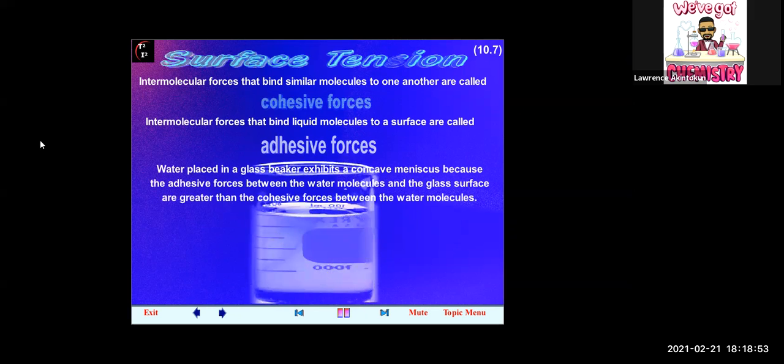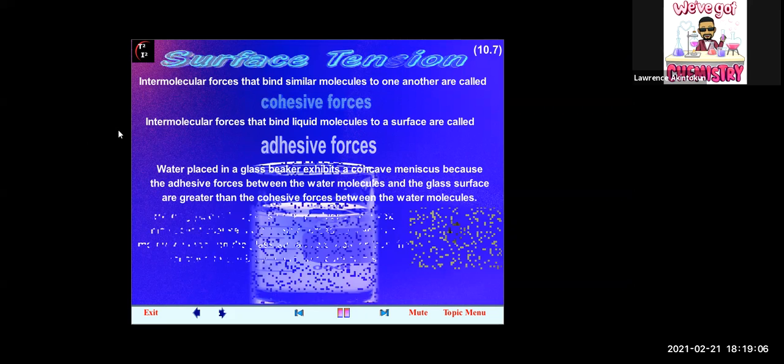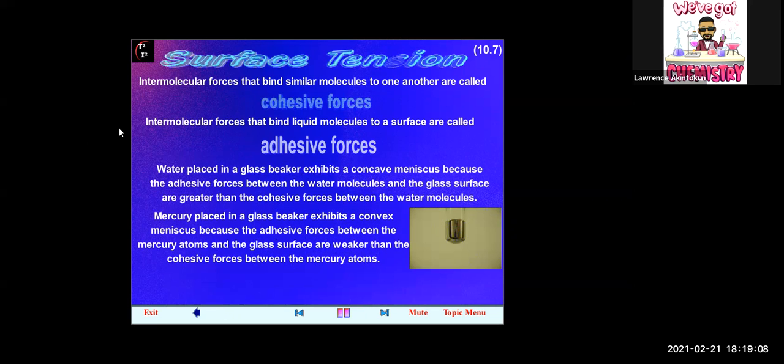Water placed in a glass beaker exhibits a concave meniscus because the adhesive forces between the water molecules and the glass surface are greater than the cohesive forces between the water molecules. Mercury placed in a glass beaker exhibits a convex meniscus because the adhesive forces between the mercury atoms and the glass surface are weaker than the cohesive forces between the mercury atoms.